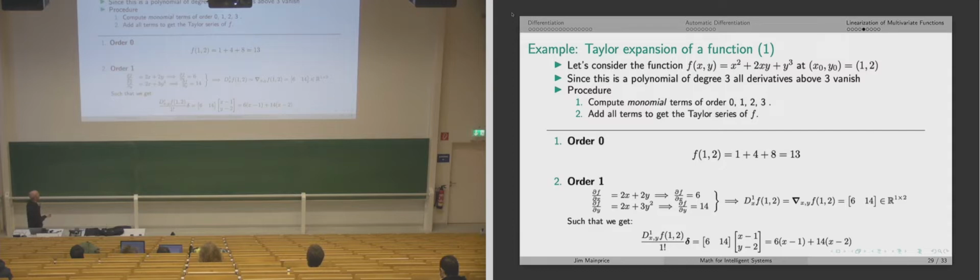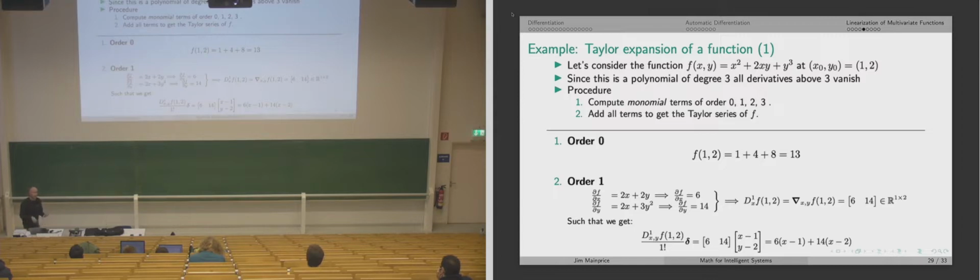That gives us the first Taylor expansion term, which is the gradient. So this is x minus x0, remember?